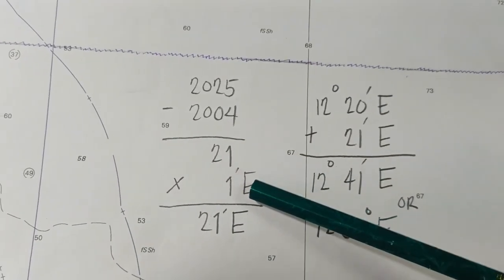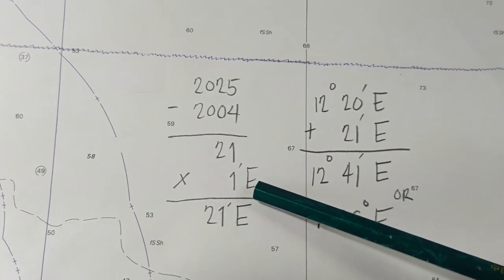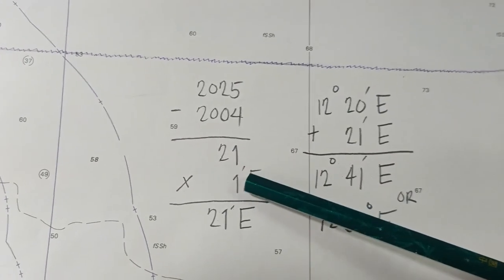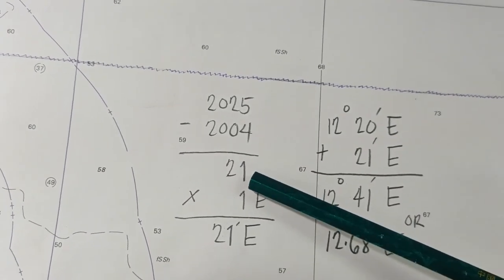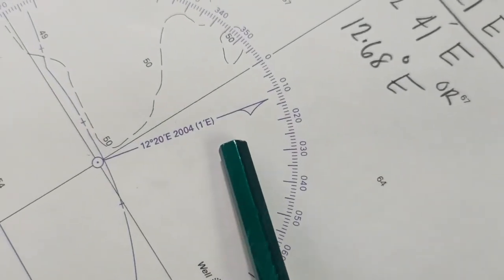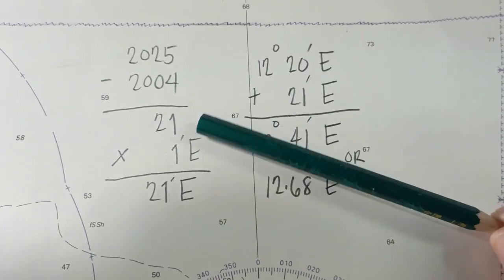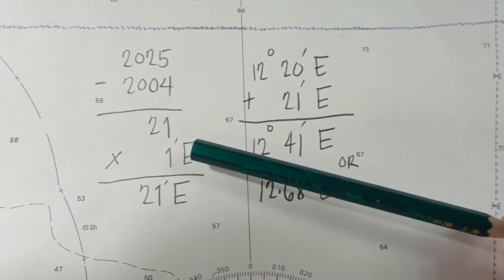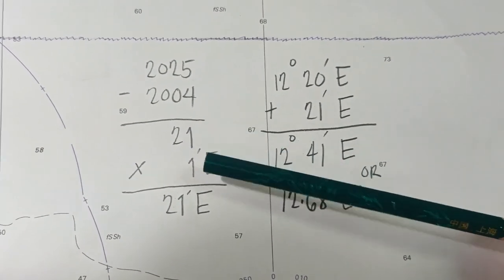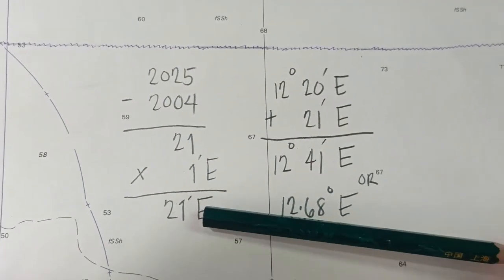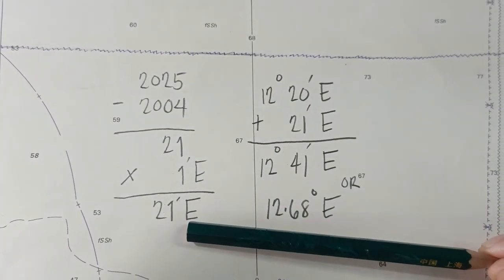And then the annual variation is 1 minute east. So you just have to multiply. It depends, but here it's 1 minute, so it's very clear here. You have 21 years, and the annual variation is 1 minute east. So just multiply: 21 times 1, guys, you have 21 minutes east. That's the annual variation correction.